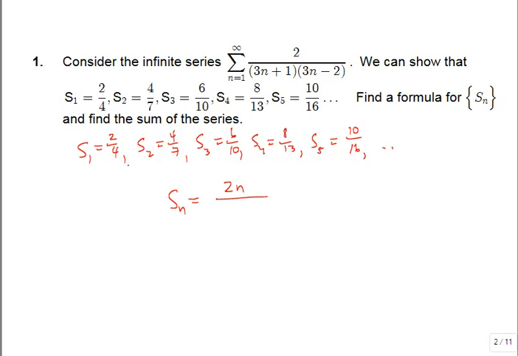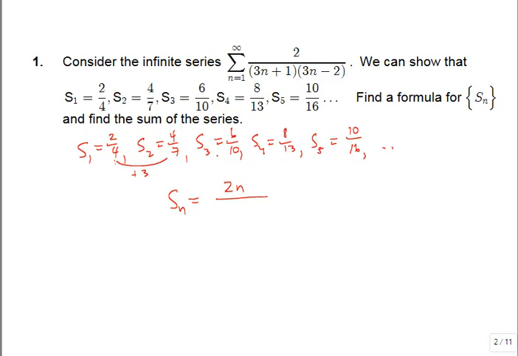Now the bottom is a little more complicated, but what you want to notice is that it's actually what we call an arithmetic sequence. We're going from 4 up to 7, and then from 7 to 10, and then 10 to 13, 13 to 16. That's adding 3 each time. So we start at 4, and to get to the second term here, the second partial sum, we add 1 3 to it.